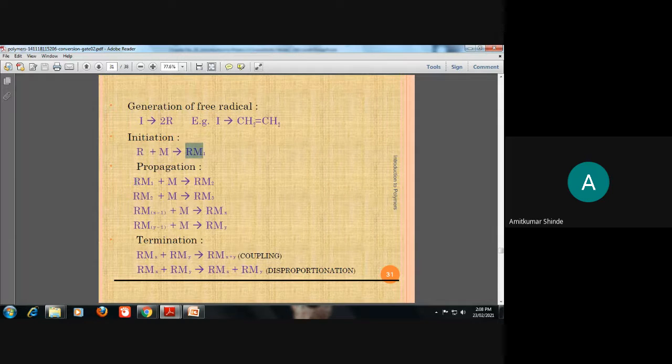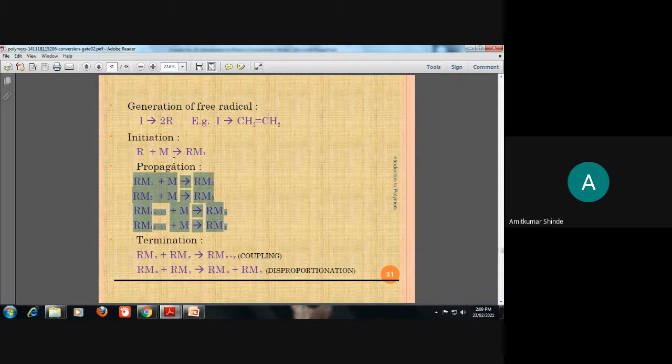Then again this RM1 will combine with another monomer. You can see here clearly, whichever monomer is forming here is combining with another monomer, and this will be termed as the propagation stage.